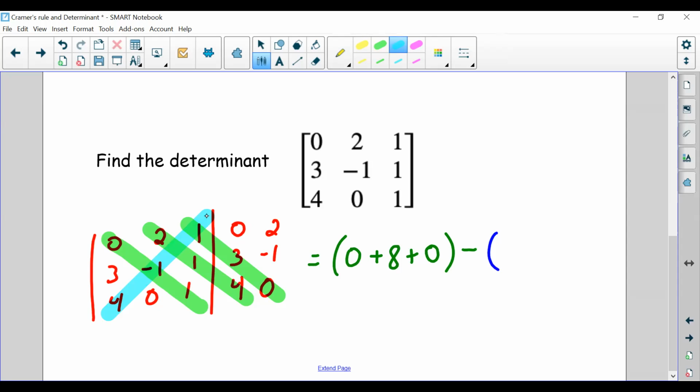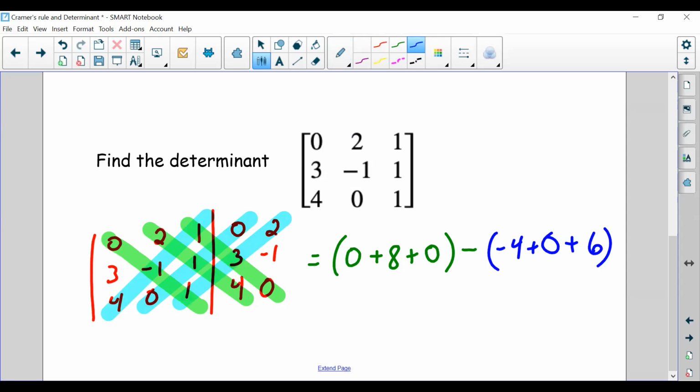What would that give us? Negative 4. Plus my next diagonal up, 0 times 1 times 0. That's 0. Plus my next diagonal up, 1 times 3 times 2, which is 6.